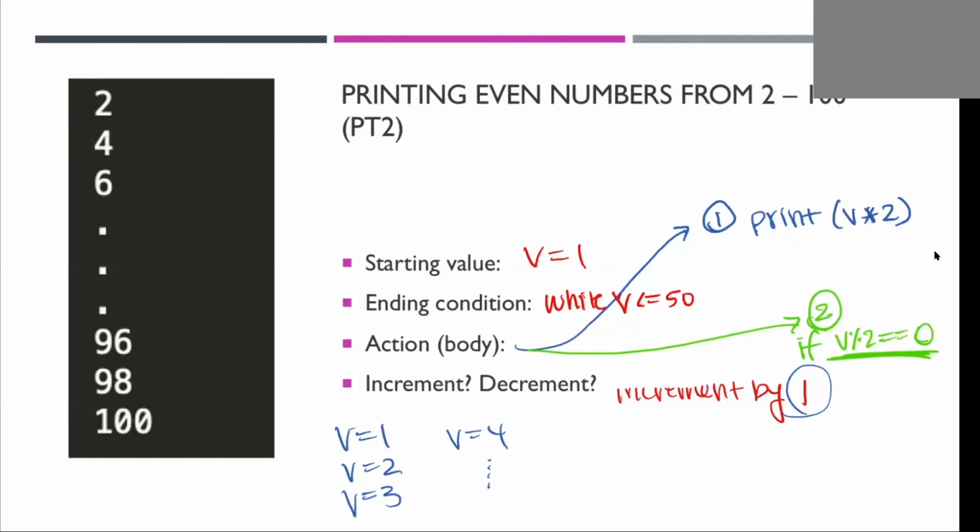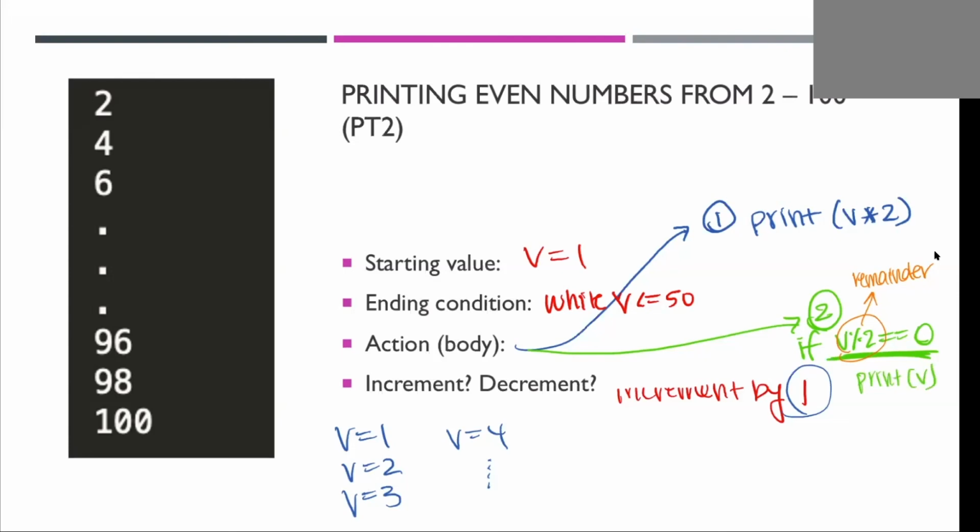Remember, modulus just means the remainder. So if we divide it by 2 and we get a remainder of 0, that means it's even. So if it's even, what do we want to do here? Perfect. We want to print out that specific number. We're going to print out v.